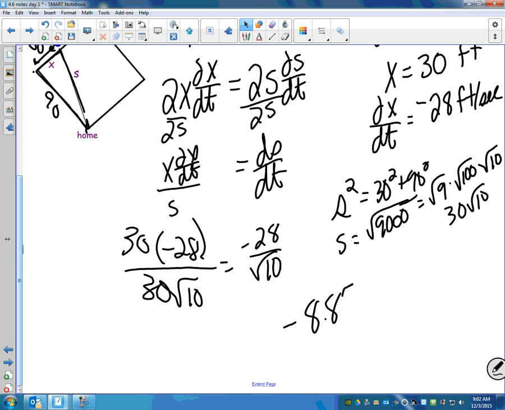But if we go to 3 decimal places, we would get negative 8.854. The units are still going to be feet per second. If we wouldn't have plugged in a negative, we would have got a positive answer for x, and then that should have been that way.